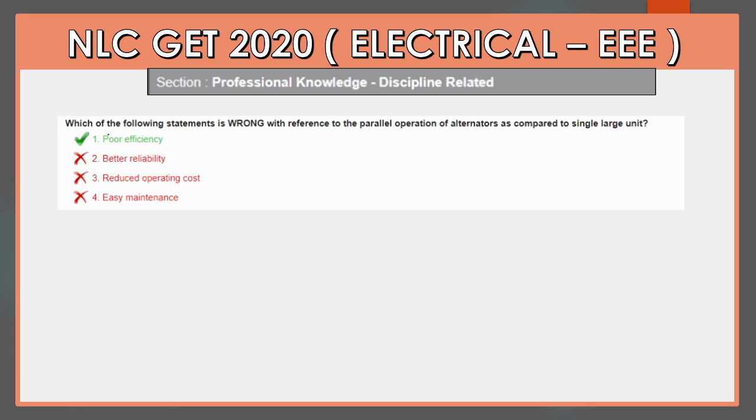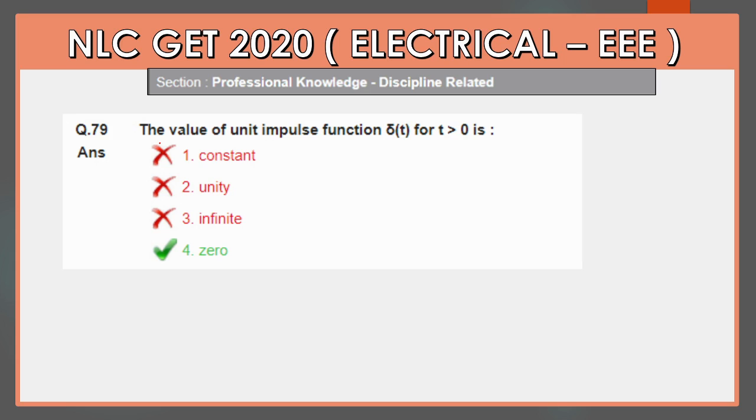Next question, it is saying which of the following statement is wrong with reference to parallel operation of alternator. So alternator parallel operation always gives better efficiency. So it will never give you poor efficiency. So the option 1 is the wrong option. Next question, it is saying the value of unit impulse function delta t for t greater than 0.